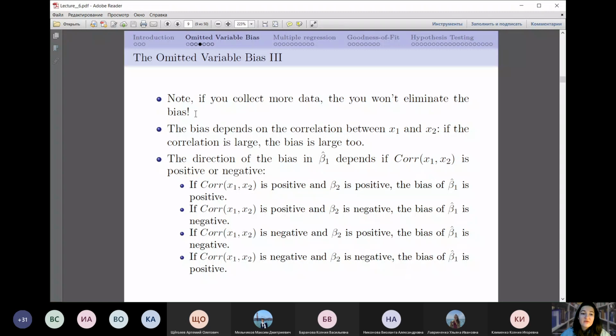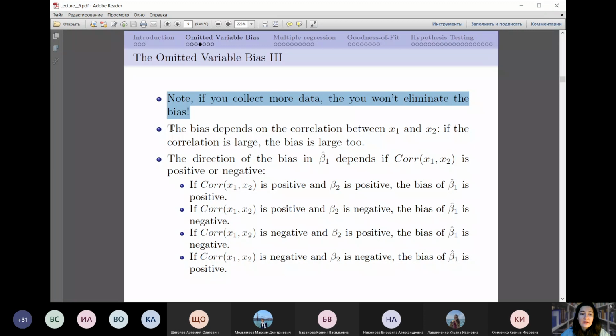The problem is that if you decide to increase your sample size, to collect more data, it doesn't help you, because the bias cannot be eliminated by increasing the sample size. This is bad news.